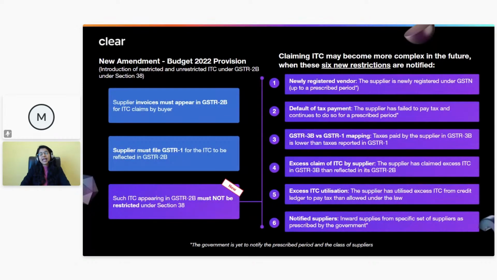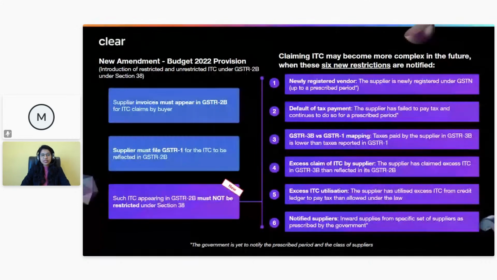Other than that, there is excess ITC utilization, which is 1%, that is Rule 86B, that if they have not made the payment in the form of cash, where they were liable to pay in the form of cash, again in such cases, you cannot claim the ITC. Then the last one is the notified supplier. They may say that there are suppliers against which you cannot claim the ITC. So this was something which they have proposed in the section itself.